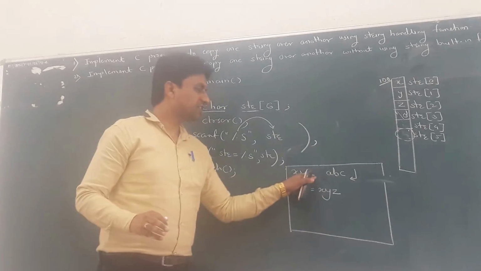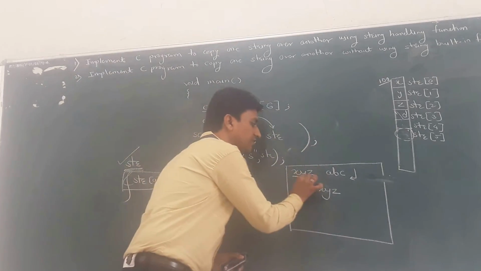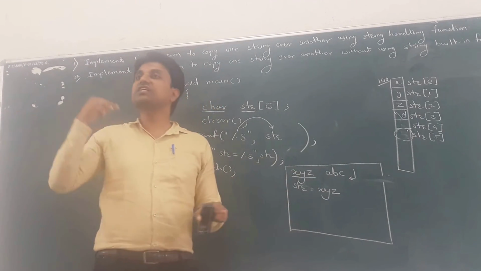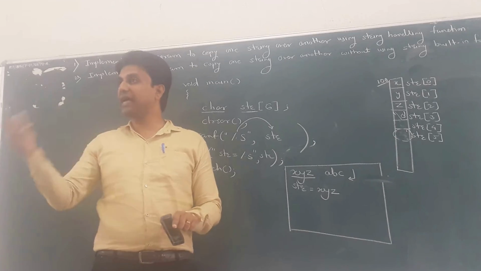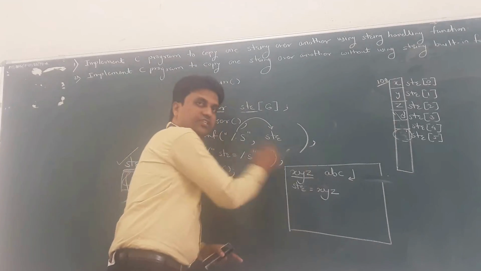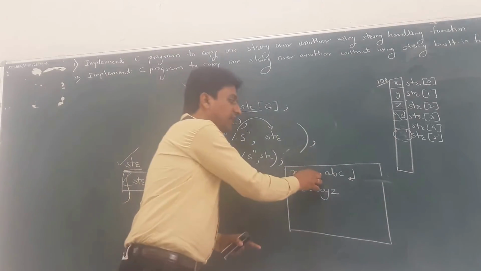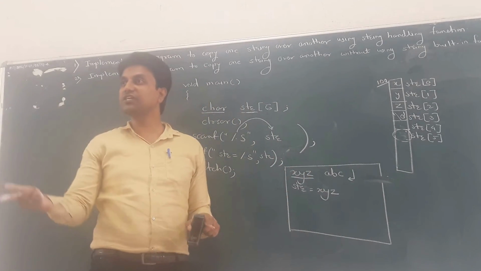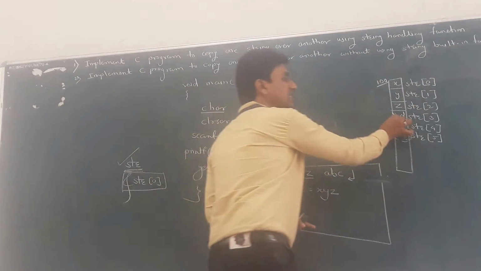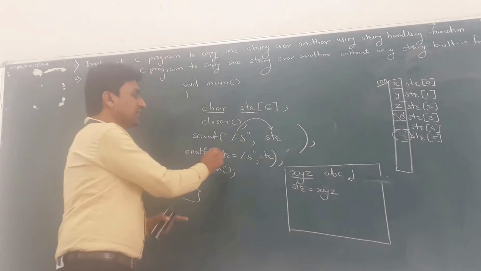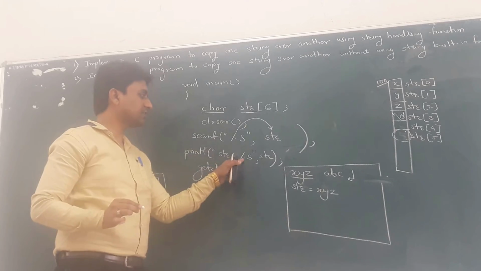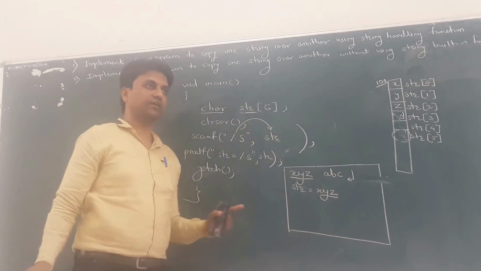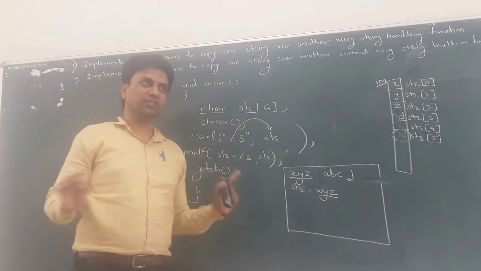Then only the first xyz is considered, and if you use a space, it is considered as \0 by the compiler, meaning it terminates the string. The compiler treats it as the end of the string. This space is considered the end of the string and it automatically adds \0 here. And again when you display str with %s, only xyz is displayed. The next string abc is not displayed.